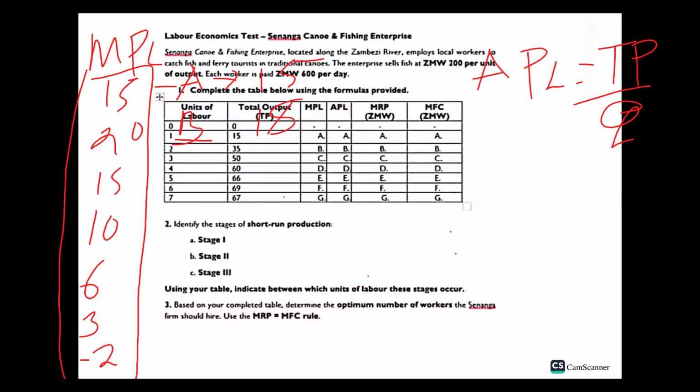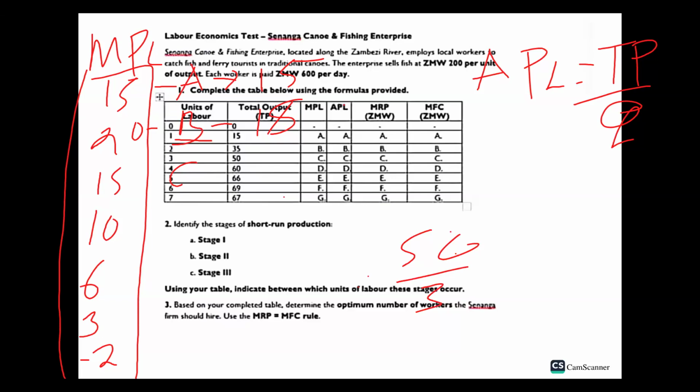What's the difference? Okay. Let's go to C. You say 50 divided by 3.